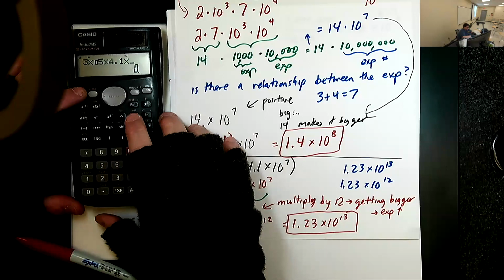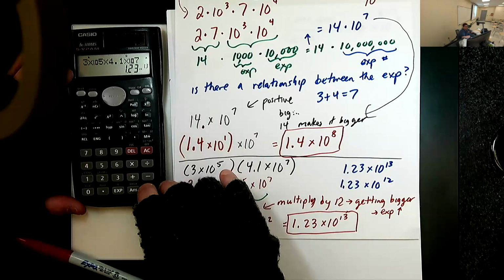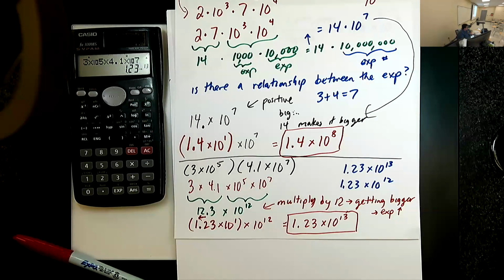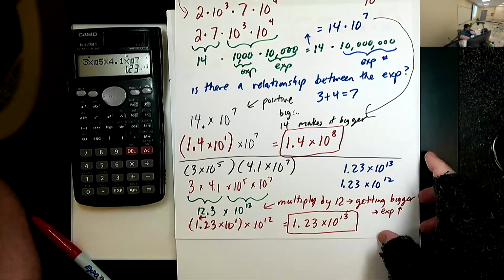Times shift 10, oops, yeah, 7. And it should still give me the same thing. So you can have the x in there or not. But if you learn how to do it in a calculator, you can speed this up and make sure you get it right. Let's face it, how much are you going to be doing this in real life? Not a lot. But I do need to show you how to do it, and then I think knowing how to do it on the calculator helps.